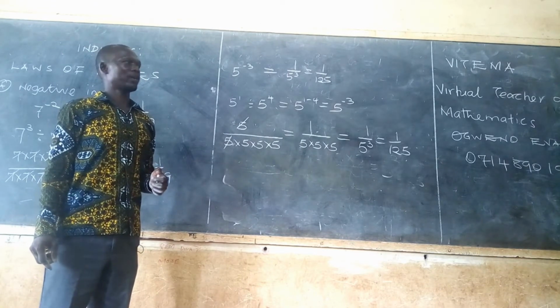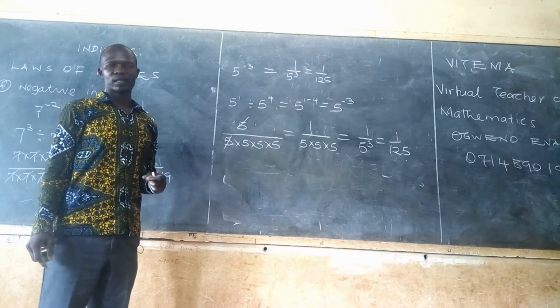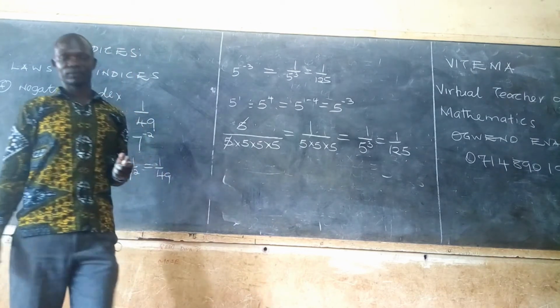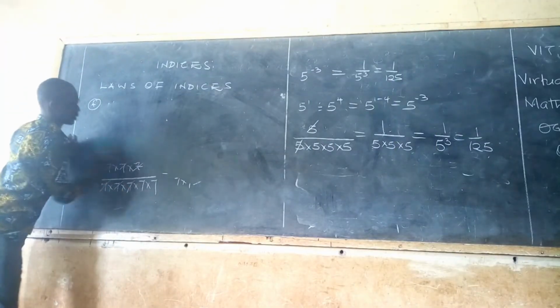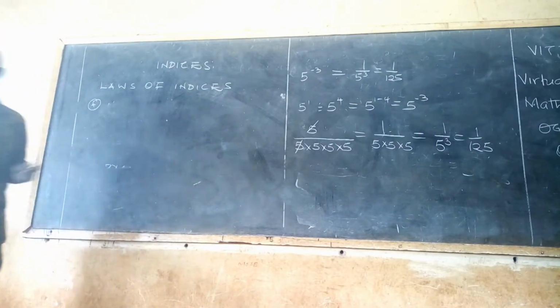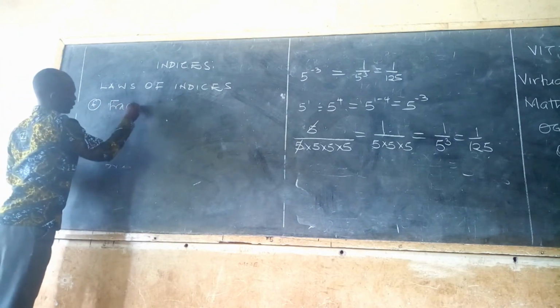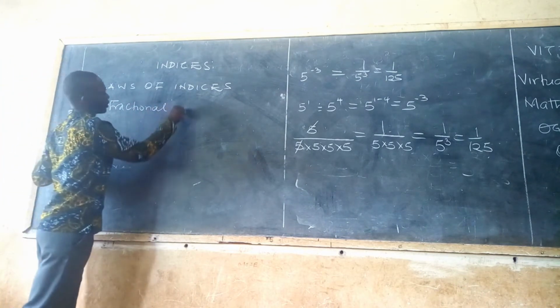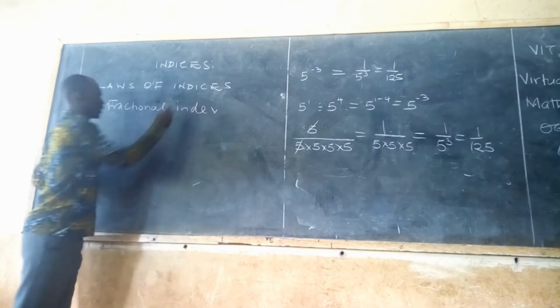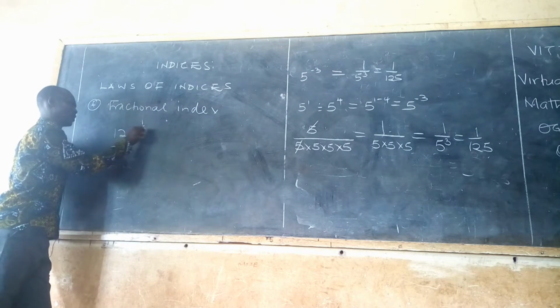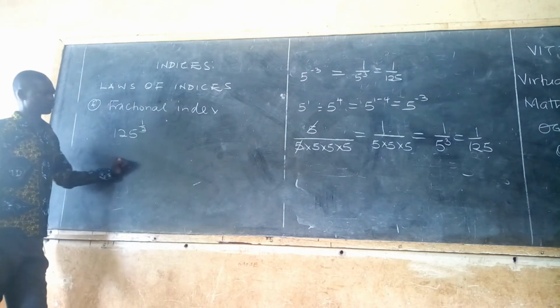The final one I want to go for is what is known as the fractional index. What does it mean? That is the last one before we come to computations. The fractional index. What does it mean? If I gave you 125 to the power of 1 over 3, what exactly am I telling you?